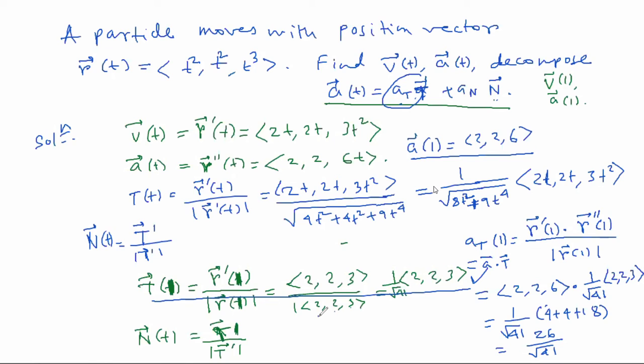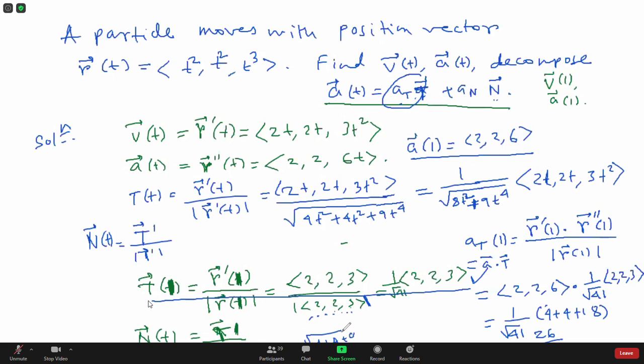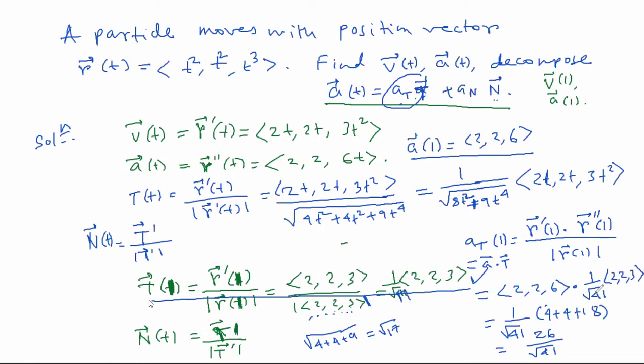That's not right. What is the magnitude of that? 4 plus 4 plus 9, isn't it? It should be 17. Yeah, it should be 17. I keep writing it wrong. Sorry, 17. Sorry.